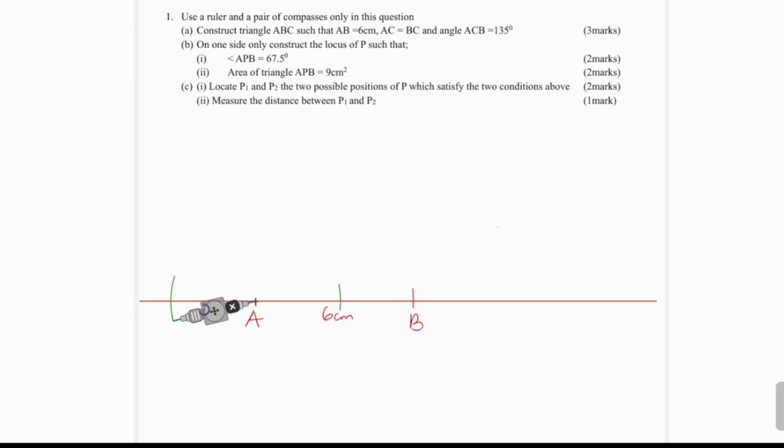Now just stand on this point, mark an arc there, and you can mark another one below. Then with the same radius, stand at the other arc and cut that arc, and then cut the other arc there. Then from there, that will be 90 degrees.